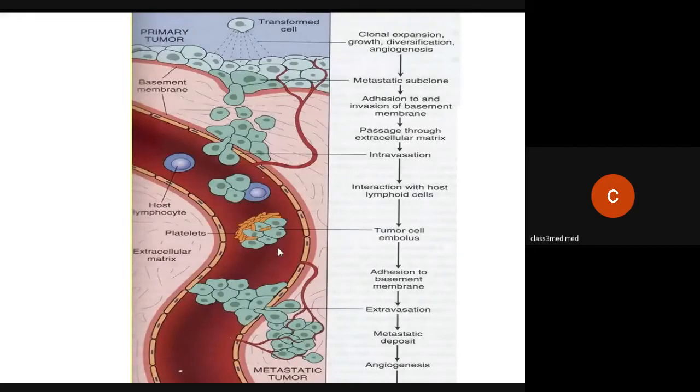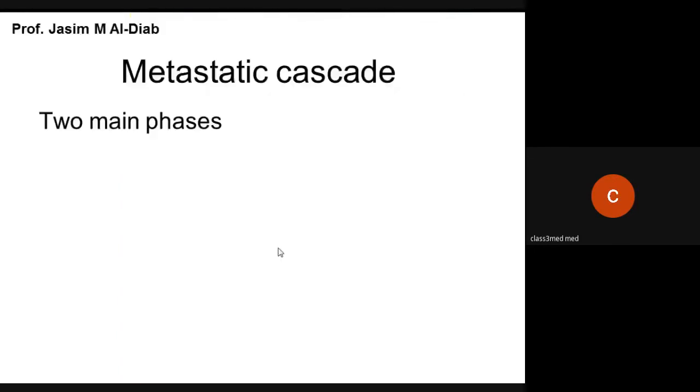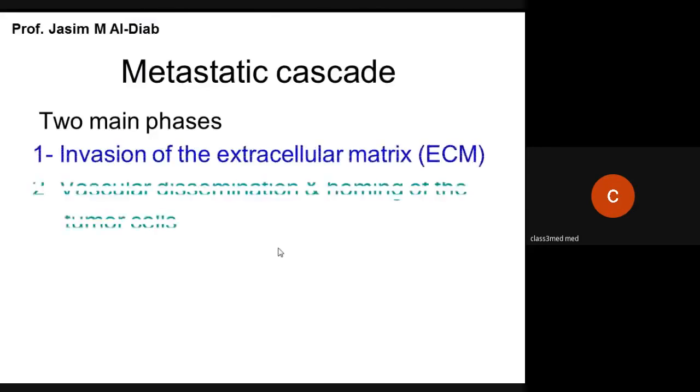Only the cell that has the complete set of activated, expressed genes used for the completion of all the steps of metastasis will be able to metastasize. Clear? So, the metastatic cascade has two phases.